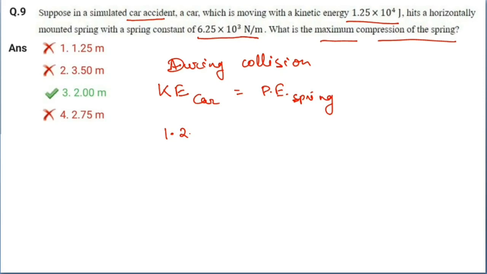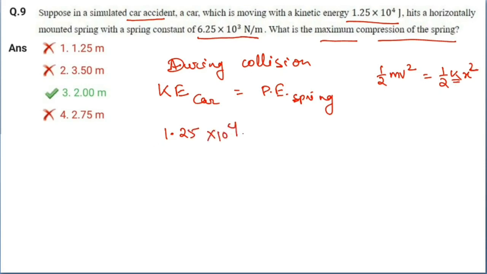Kinetic energy is half mv square and potential energy is half kx square, where k is the spring constant and x is the maximum compression of the spring.